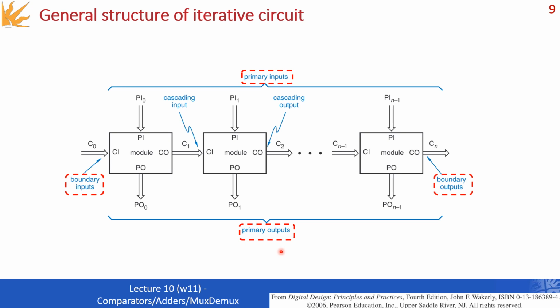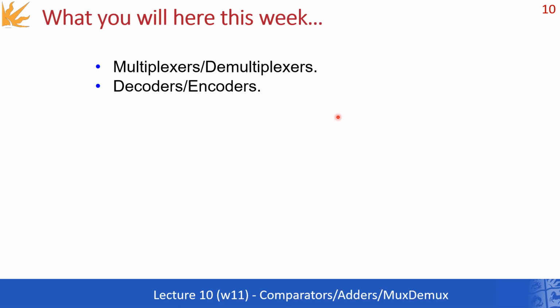In the previous example, primary inputs were the pairs of bits that we were comparing. And the primary output in each and every circuit would have been whether or not the bits were equal or if they were different.